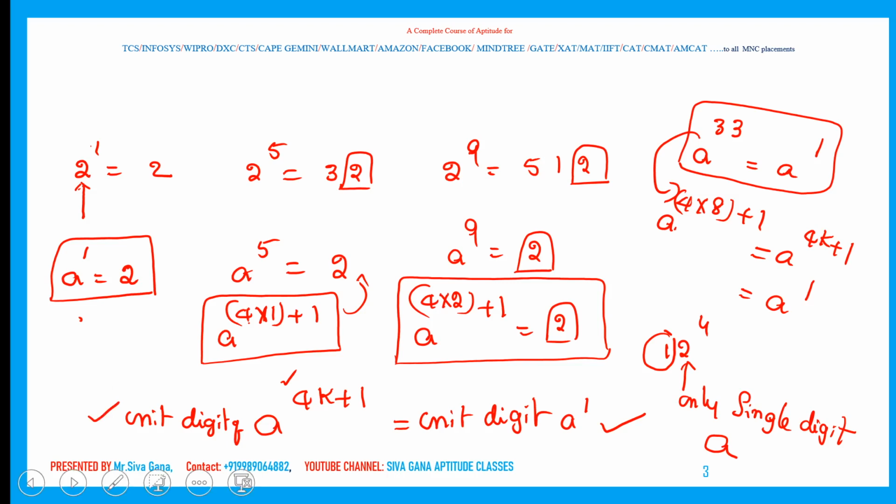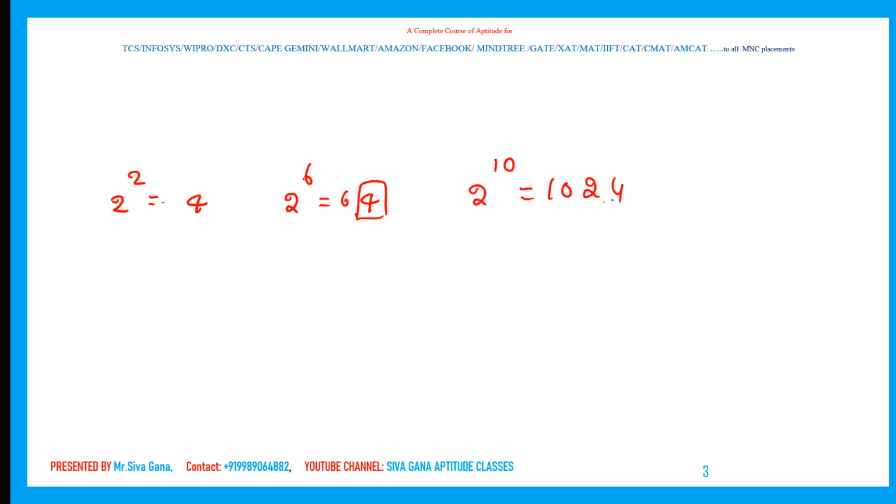This is one conclusion. Now we'll see another conclusion. 2 power 2 is 4. 2 power 6 is 64. Unit digit is 4. 2 power 10 is 1024. Unit digit is 4.